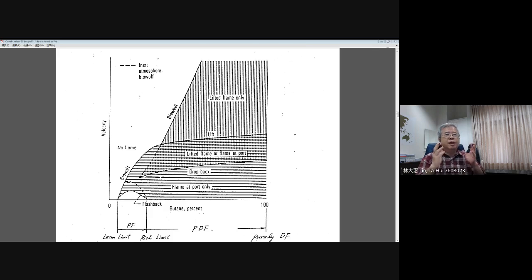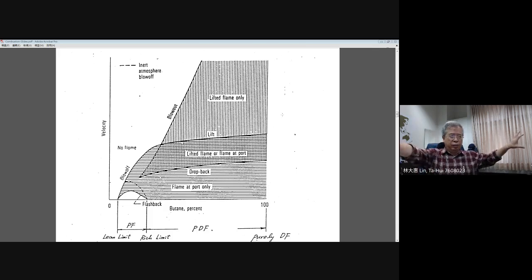But now we try to think about the two regions. One is the so-called premixed flame, which we already identified very nicely. The premixed flame means that you mix your fuel with air completely from the beginning, that is, premixed. The other boundary is pure fuel without air premixing.